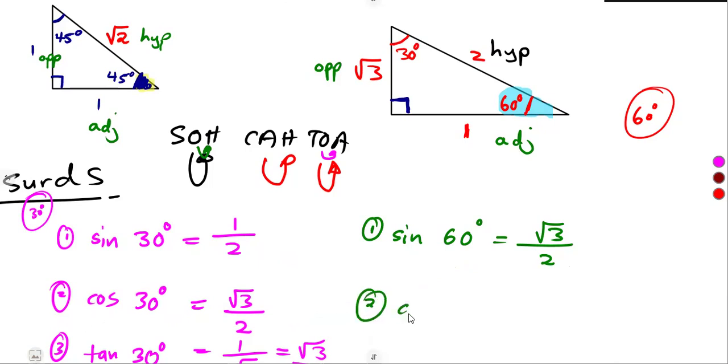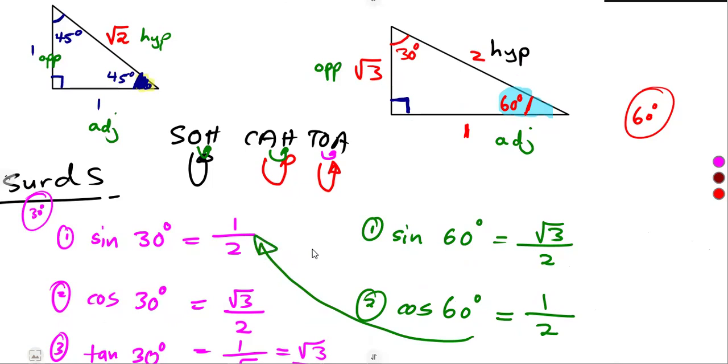We move on to cos 60 degrees. According to the angle of 60 degrees, cos is adjacent over hypotenuse. According to cos, adjacent is 1 over the hypotenuse, which is 2. So that's 1 over 2. Same answer as sine of 30 degrees.